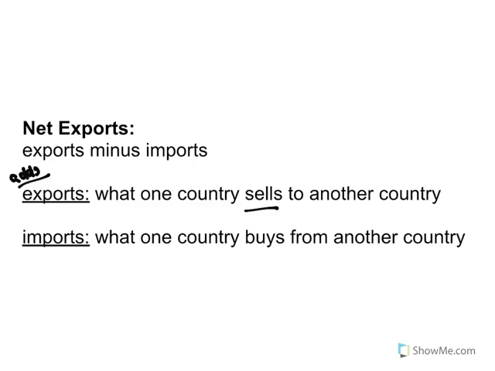Imports, on the other hand, subtract from a country's GDP, right? Because it's what one country buys from another country. So in my PS5 example, the US would be importing the PS5, and it would subtract from net exports and from GDP because it's not something we produced.